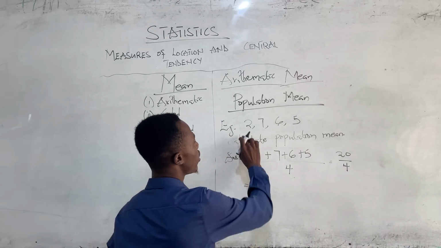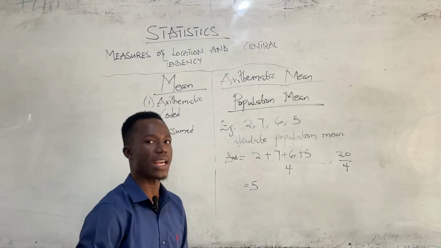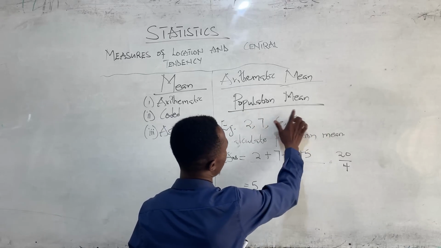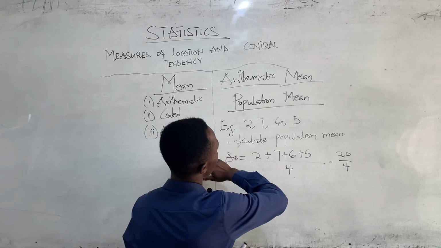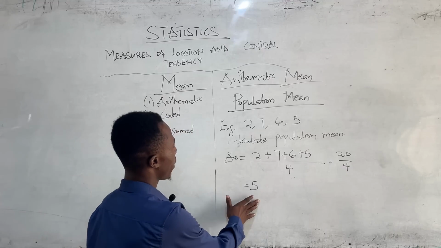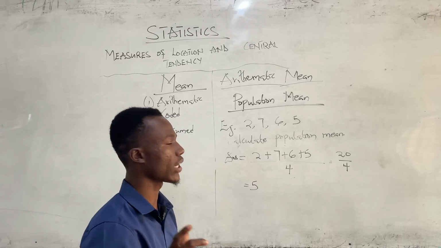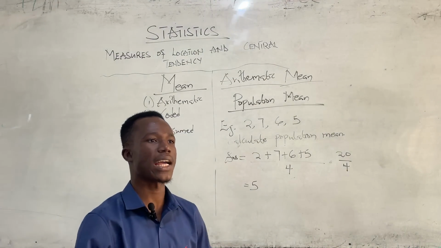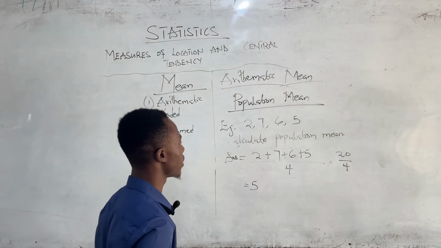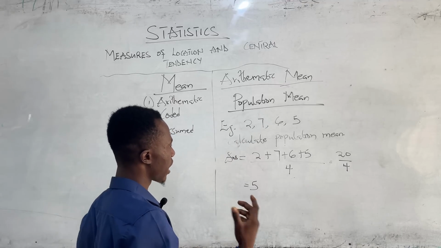It means the population mean of this data is 5. Mean means average, so the average of these four numbers is 5. Whenever you are calculating the population mean, you just sum the entire data and divide it by the number of occurrences.